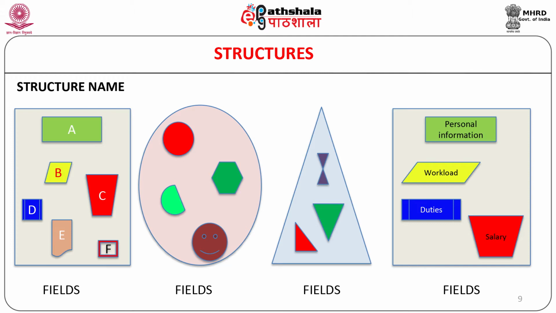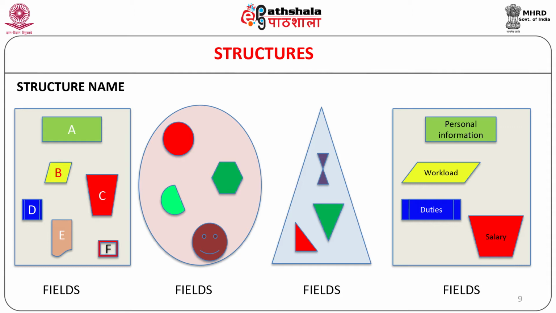Similarly, in the circular image, you will find 4 different fields. In these 4 fields, you will find a hexagon, then there is one emoji, a circle, a half circle, and so on. The intention of showing these different images is that there are different data under one structure name. Similarly, in the triangle image, you will find different shapes.